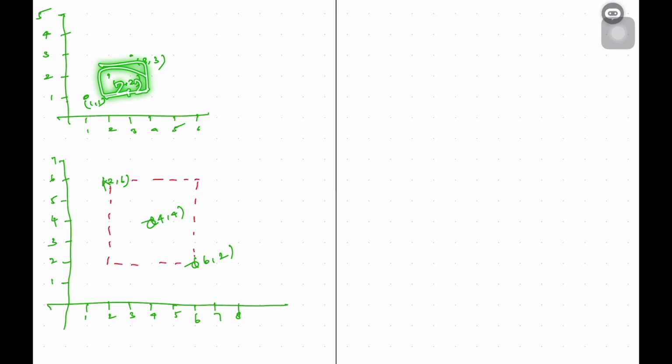For upper left, the x coordinate should get decreased and the y coordinate should be increased. For example, here if you take 1 comma 3 or 1 comma 4 or 1 comma 5 or 0 comma 5, whatever it is, that is on the upper left of the point 2.